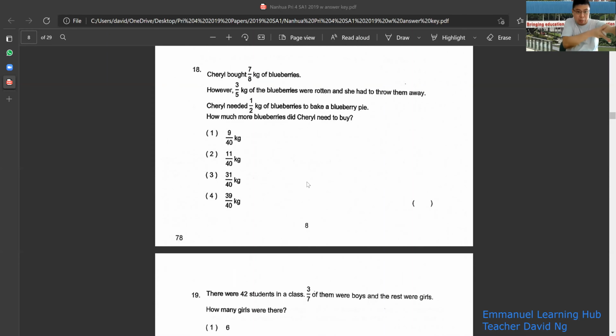Okay, you try number 18. What's the answer for number 18?